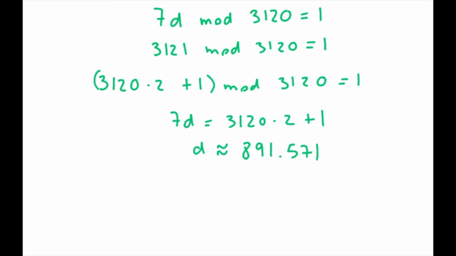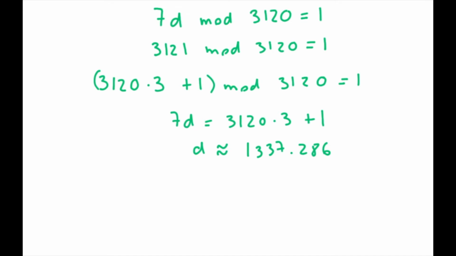So I try again with not a multiple of 2, but this time 3. So I set 7D equal to 3,120 times 3 plus 1, and I get a value of D that is approximately equal to 1,337.286.